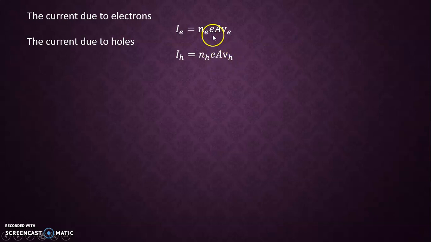If you observe, small e here and here are both the charges. Why are these similar? Because we are not considering holes as separate; holes are nothing but the absence of an electron. So due to the absence of an electron, whatever cavity is produced, that is the hole. So the charge on both will be the same.